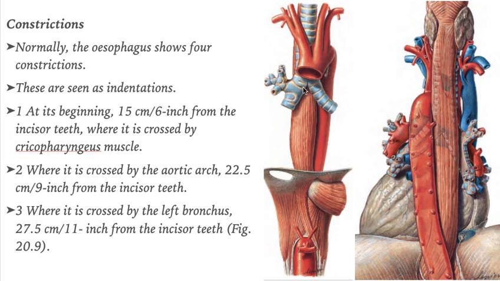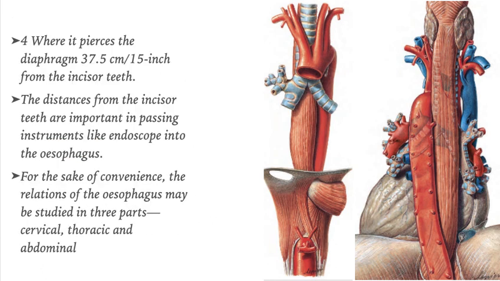Then it crosses the left bronchus, about 11 inches from the incisor teeth. Where it pierces the diaphragm, it is about 15 inches from the incisor teeth. The distances from the incisor teeth are important in passing instruments like the endoscope into the esophagus.